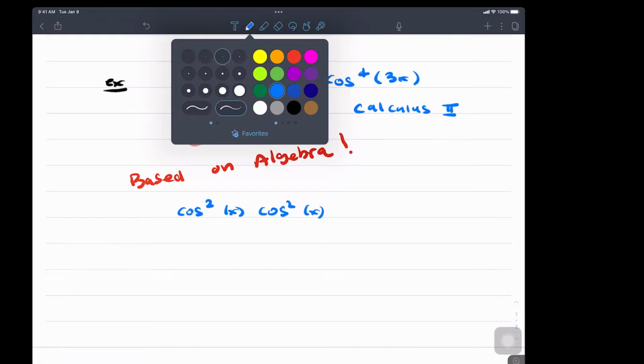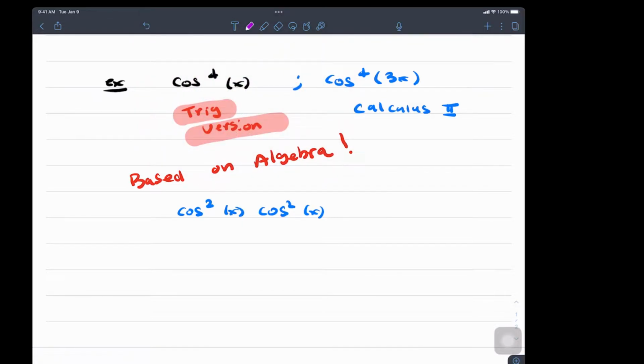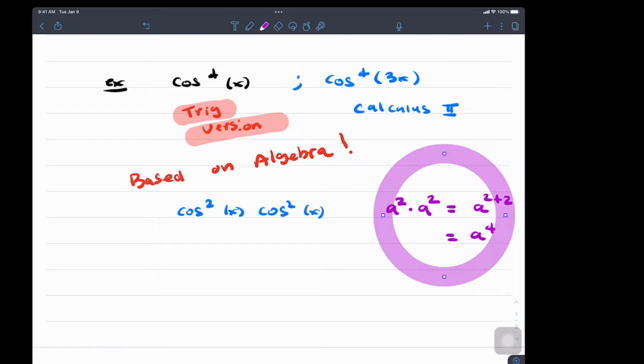Do you guys remember, going back to algebra, a squared times a squared? This is the S portion of the course. Do you guys know what that is? That's a to the fourth, is that right? By properties of exponents. So I'm going to put a little bit of our algebra in honor of the S portion.